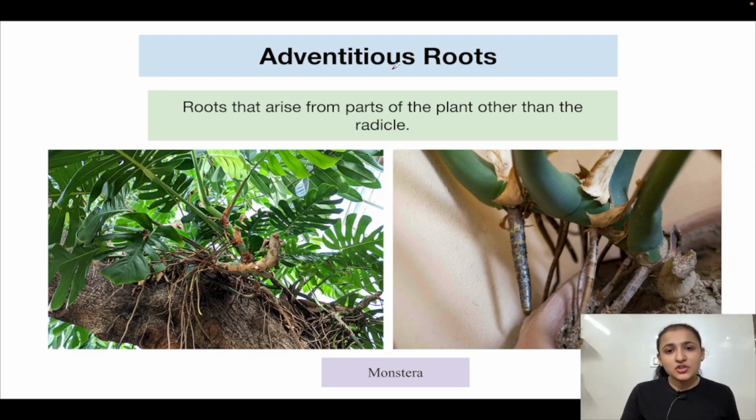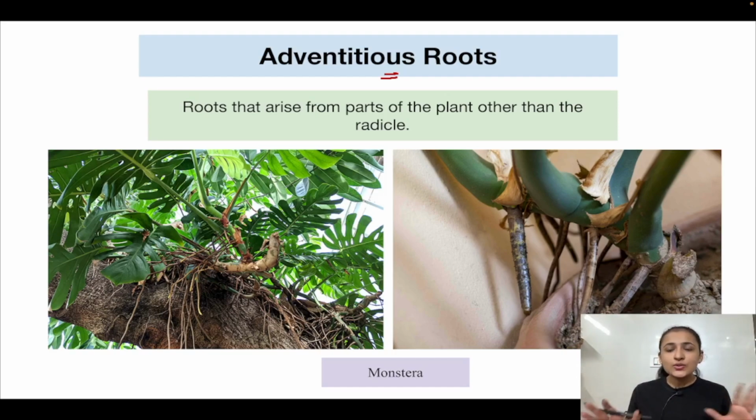as adventitious roots. Ideally, when we talk about the root system, we are talking about the root system in which the roots are arising from the radicle part of the embryo, the root system which is present underground. But we have seen that there are certain plants in which roots can be seen hanging from the trees, as in the banyan tree.